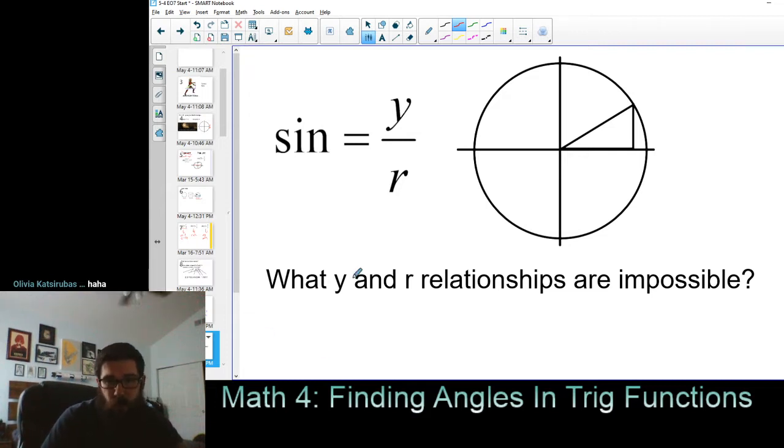On a unit circle, we're used to sine being y over r. So when we say what y and r relationships are impossible, well, we just saw that the highest sine can go, y over r, the biggest it could get is 1. So it has to be less than or equal to 1. The smallest it gets, at the bottom of that sine graph, is -1.